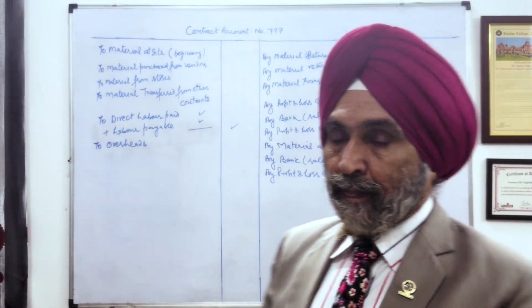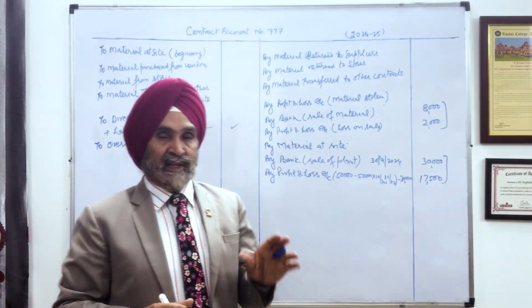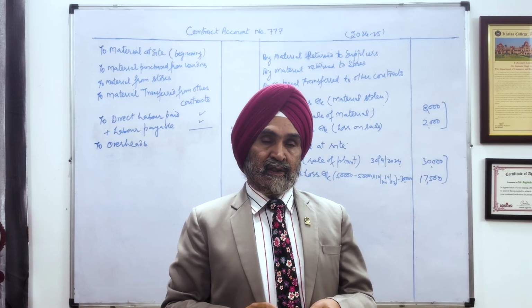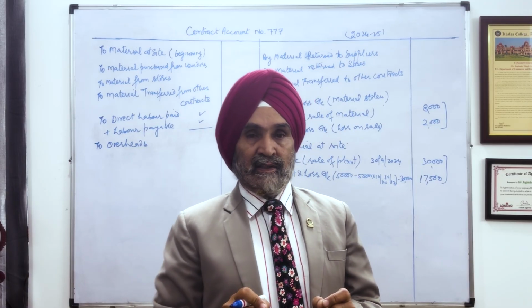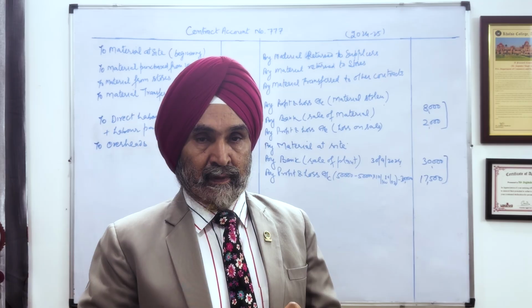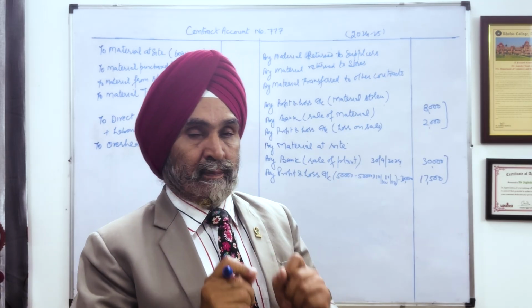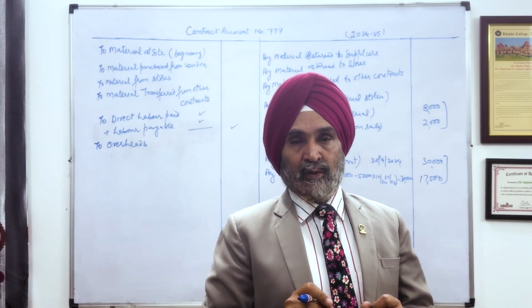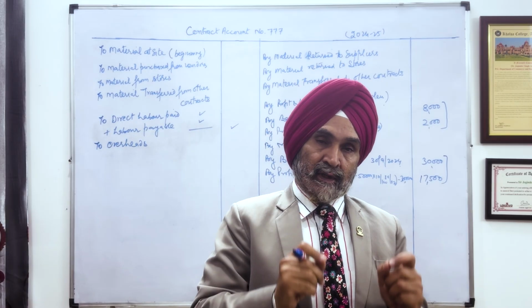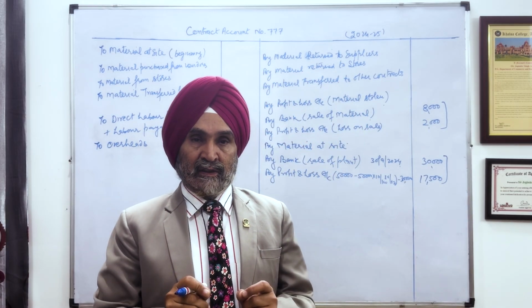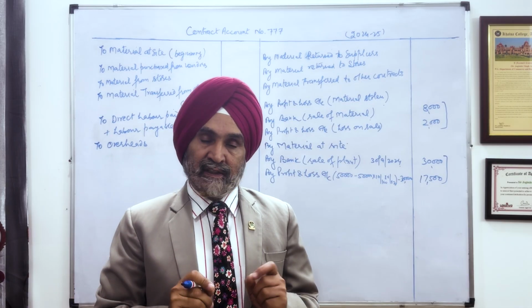Now, friends, we are going to take the second part of contract costing when work is incomplete. When work is incomplete, how are we to calculate the profit, and how are we to transfer the amount to the profit and loss account? That is what we are going to discuss.